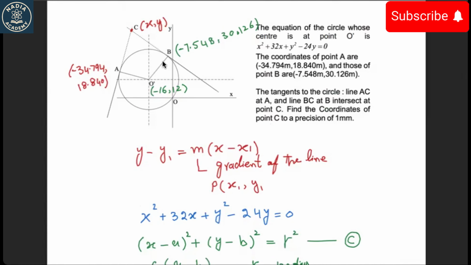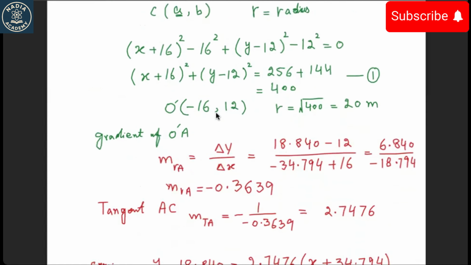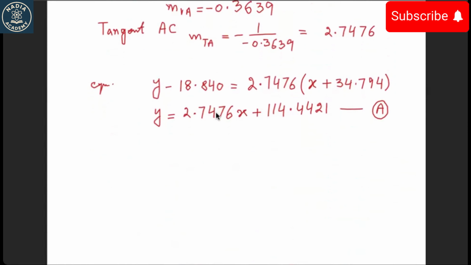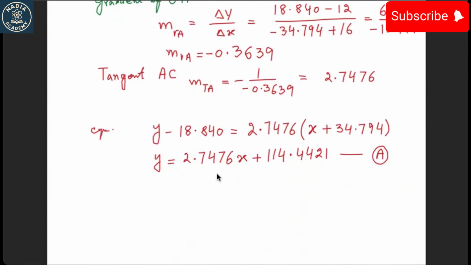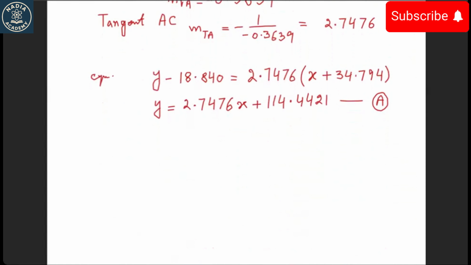Then the negative reciprocal of this gradient will be the gradient of our tangent BC. So then we can use the same method that we adopted over here, and then we will get the equation of the tangent BC.